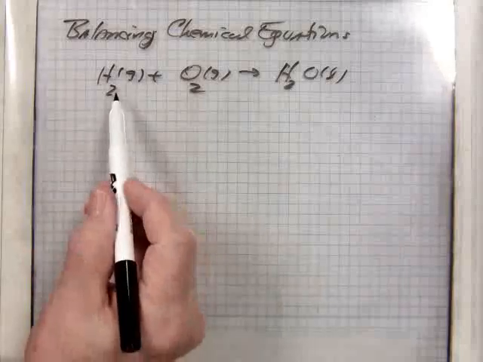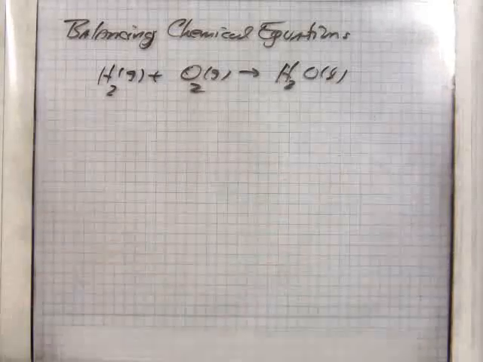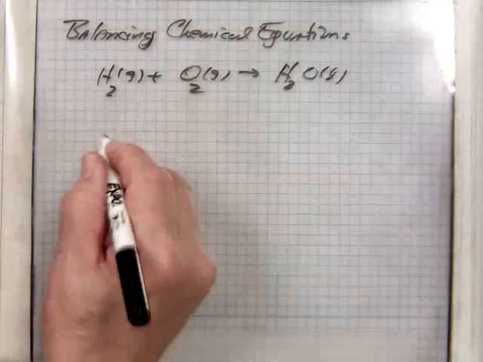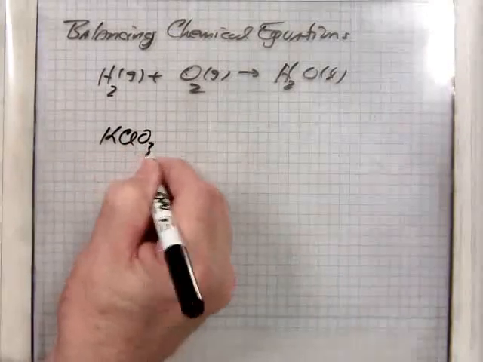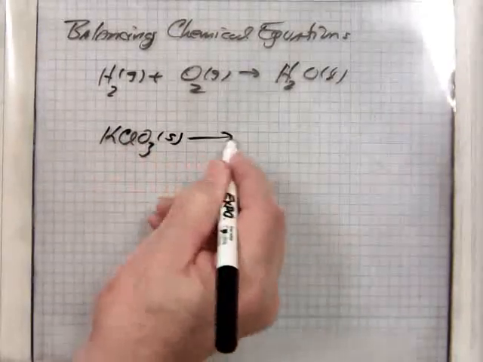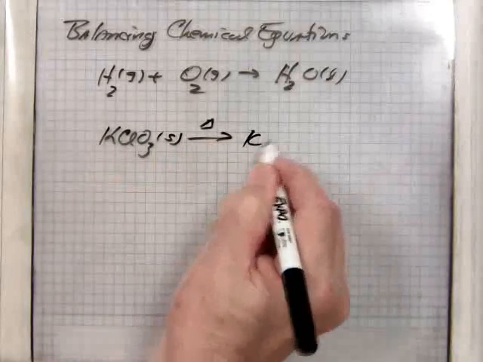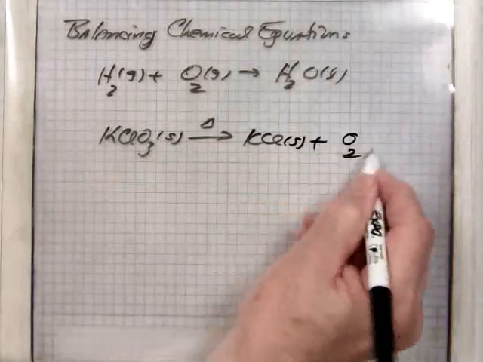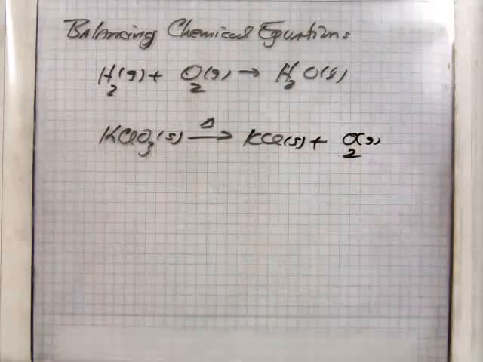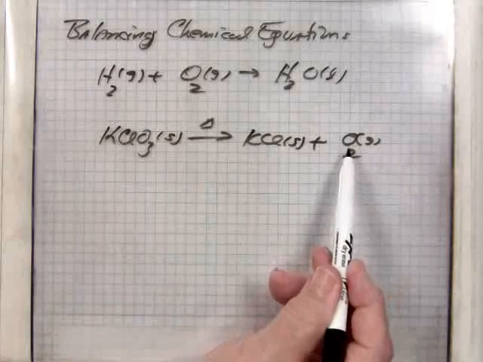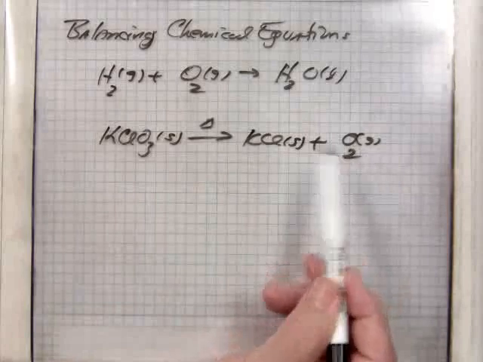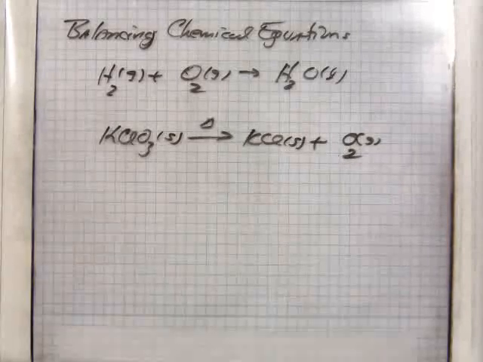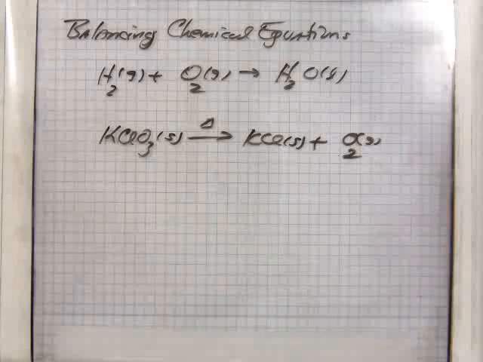Because the 2's and subscripts and whatever you write define that substance. You don't just arbitrarily put down O for oxygen, because that's not what comes out of that reaction. That reaction delivers O2. Okay?